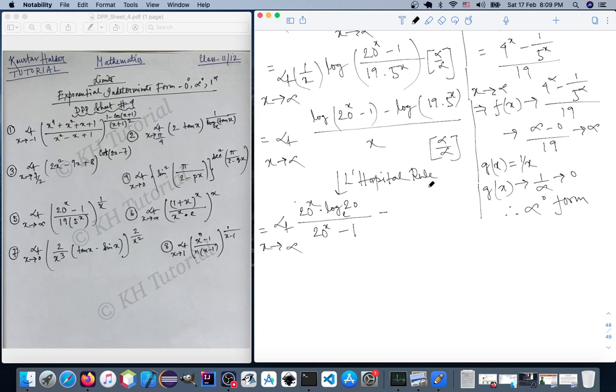This becomes 1 by 19 into 5 to the power x, and then again differentiate this.